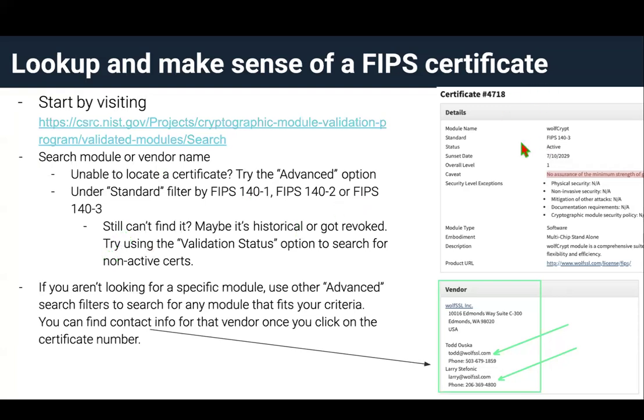And then once you open a certificate, in the old certs, they used to actually list all the algorithms that had been tested here, and they used to have links to the algorithm certificates. Unfortunately, with the new SP 800-140VR1, which is the automated submission process, those are no longer being displayed here.